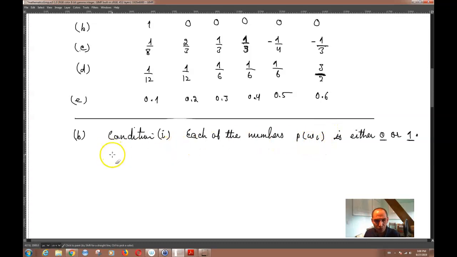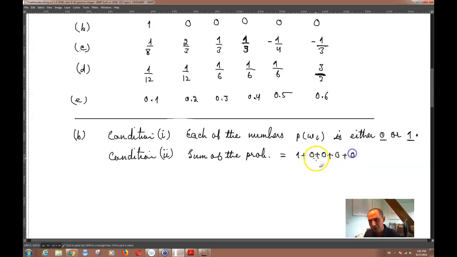And condition 2, the sum of the probabilities is equal to 1 plus 0 plus 0 plus 0 plus 0 plus 0, which is equal to 1. Therefore the assignment is valid.